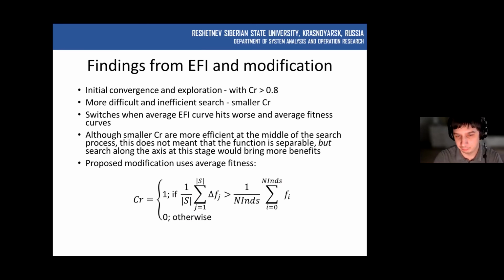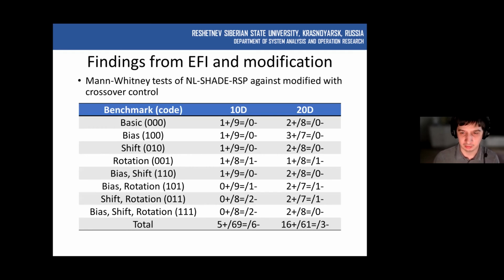And actually, we came up with a simple rule. If the average improvement is larger than the average fitness, then CR is 1. If it is smaller, then CR is 0. Very simple, maybe even stupid adaptation. But actually, when we tested it, we saw that it could be even better than the SHADE parameter adaptation in some cases, which is relatively strange.